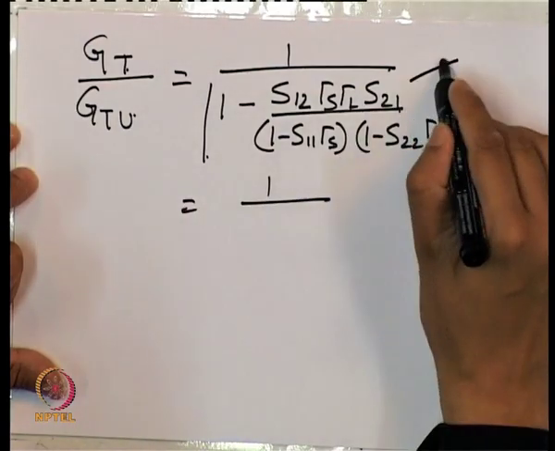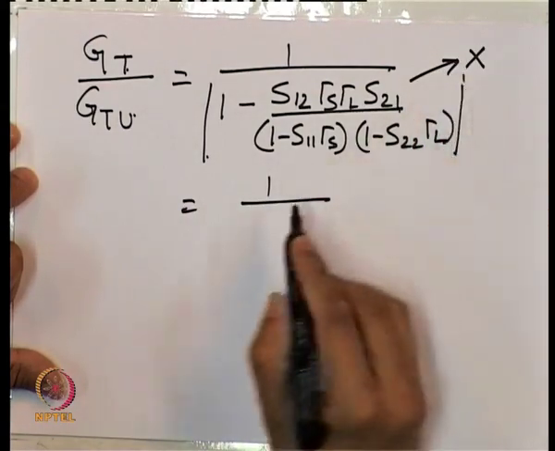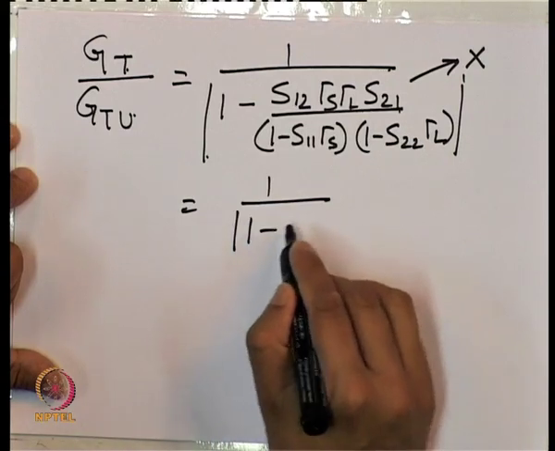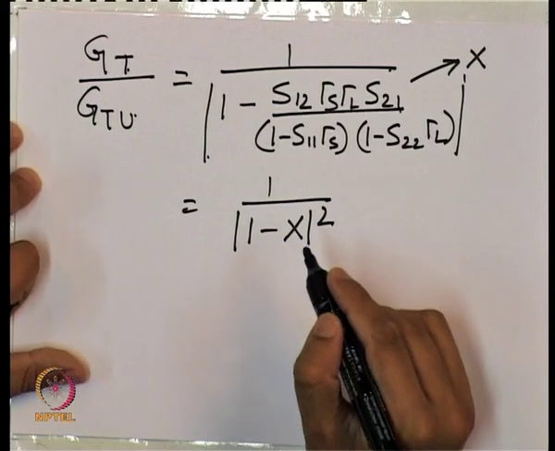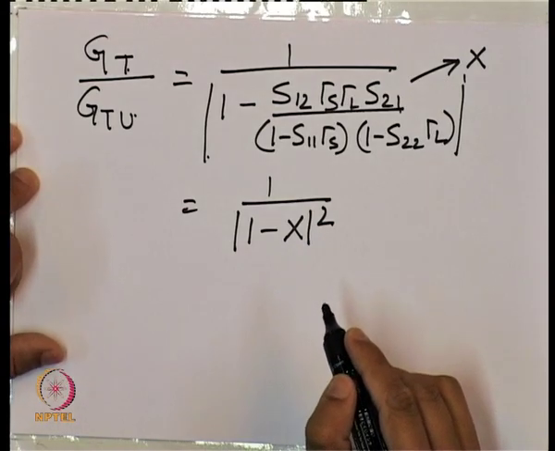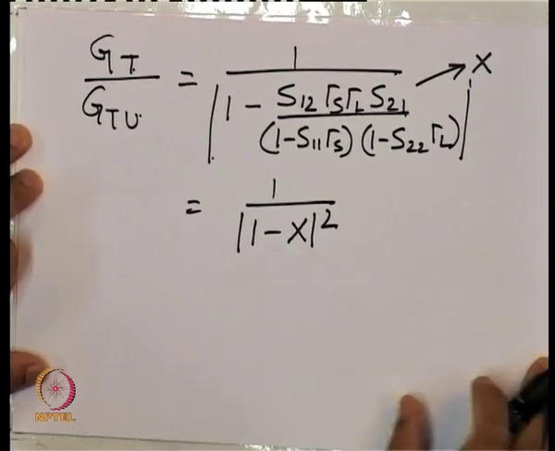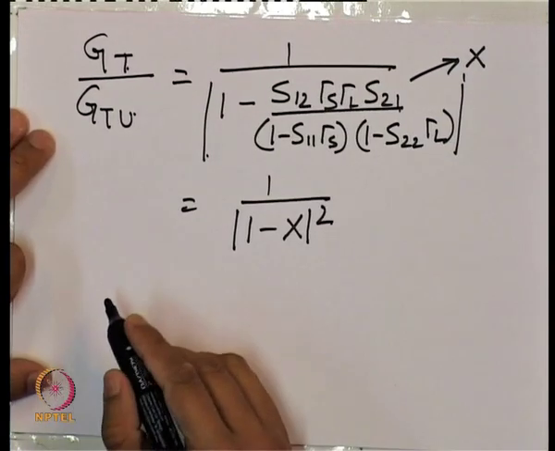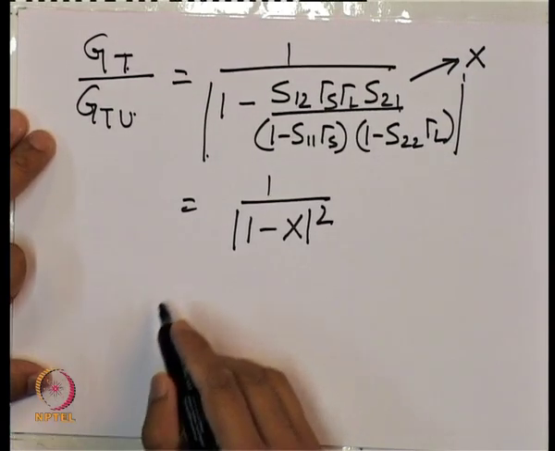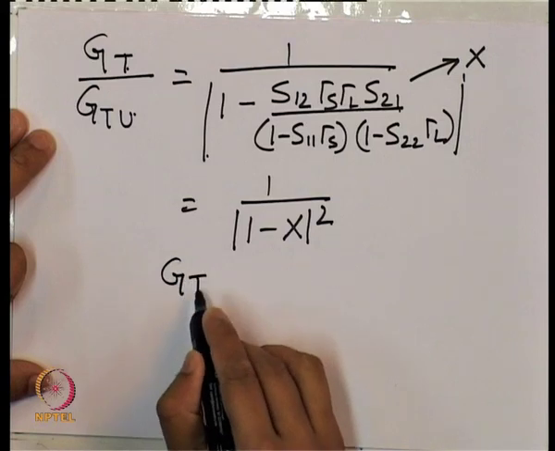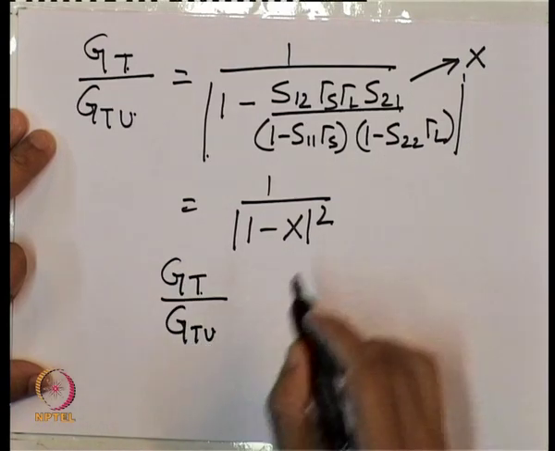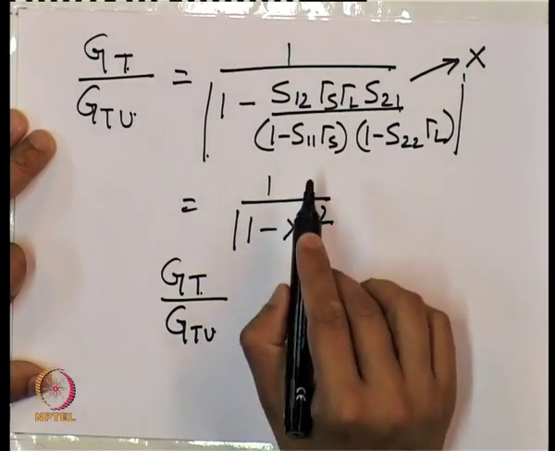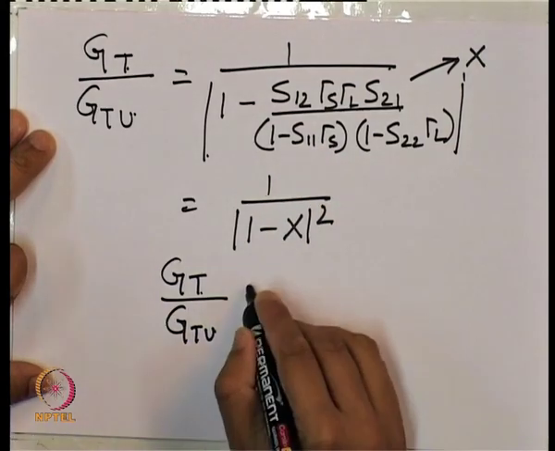And suppose I denote this quantity by the term x, then this whole thing comes down to this. Now, depending on whether the value of x is positive or negative, we can say that this GT upon GTU, this equation, you can work it out, you can verify that this is true.